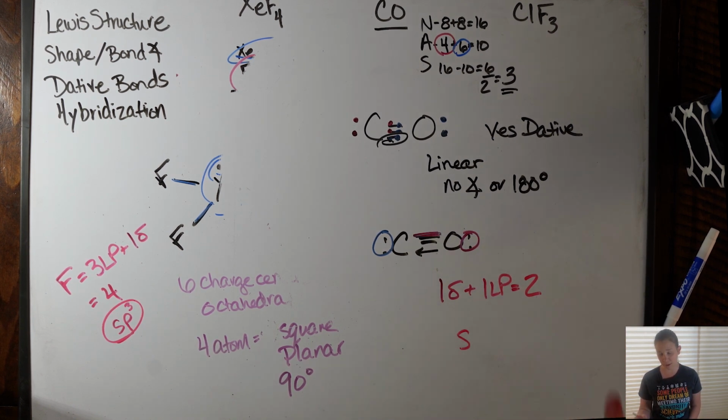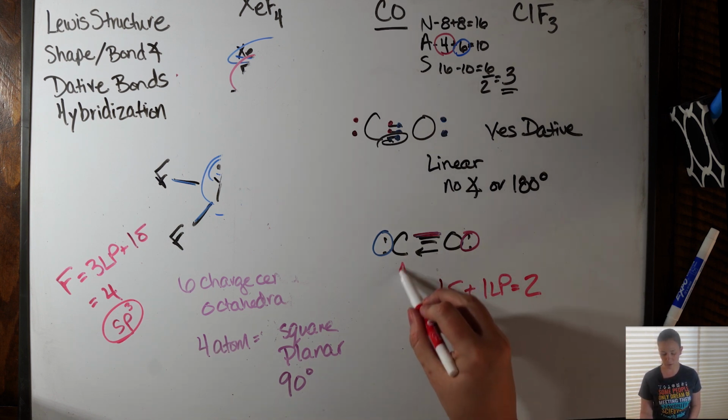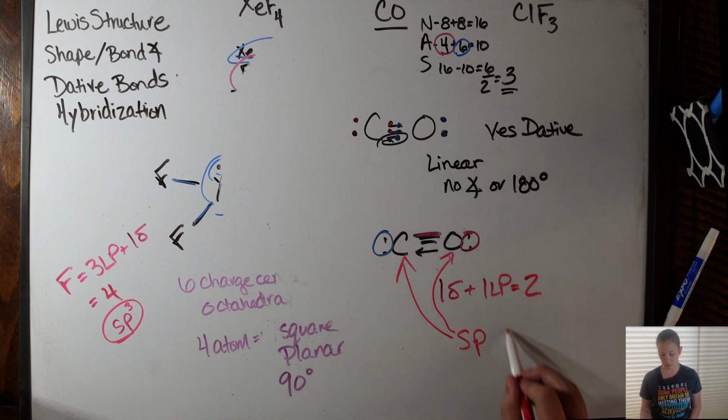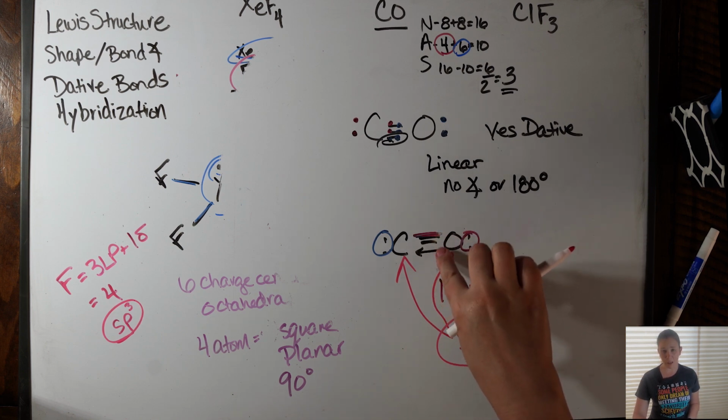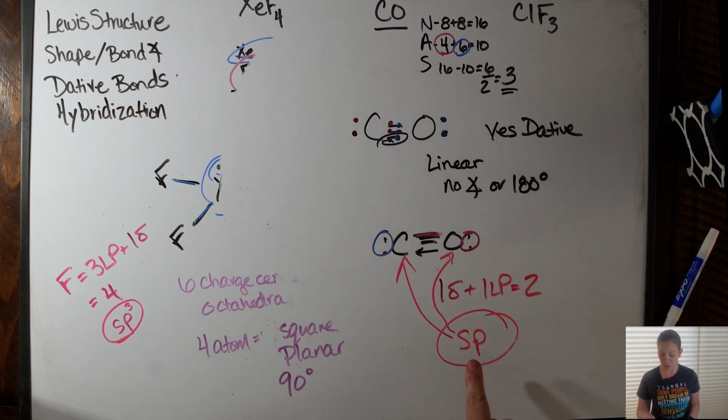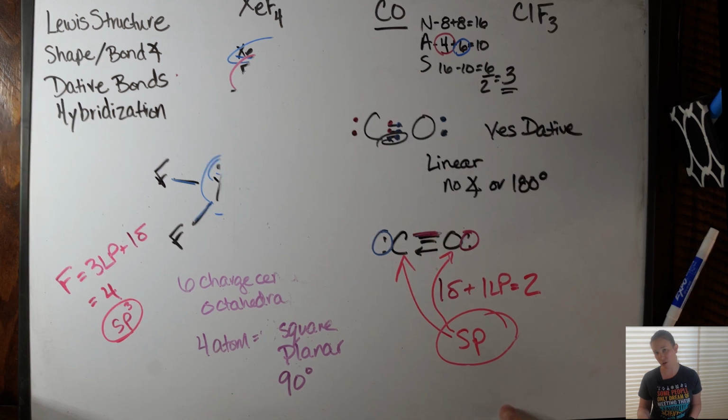So that would only be one s and only one of the p's. So both of these atoms are sp hybridized because we only need 2 degenerate orbitals, one for the lone pair, one for the sigma bond. The pi bonds are not hybridized, and so they do not count for the number of degenerate orbitals needed. They actually do have a higher energy.